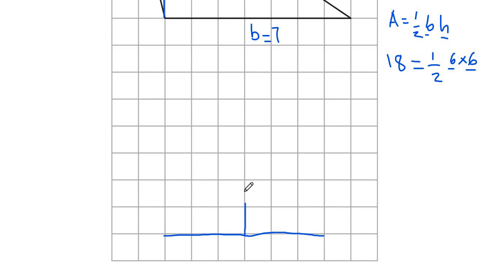And then a height of 6, 1, 2, 3, 4, 5, 6, and just connect. So this could be a triangle that has the same area of 18.